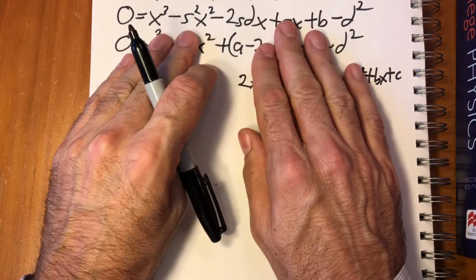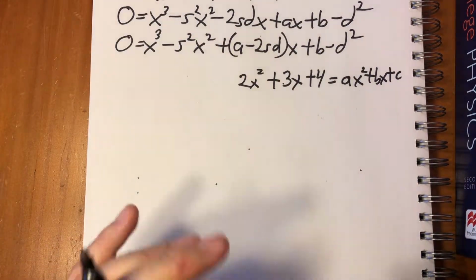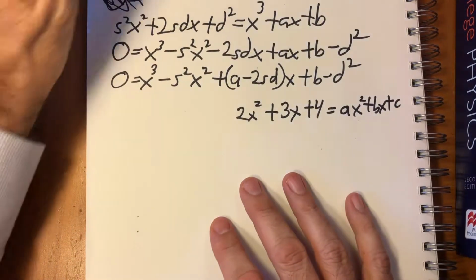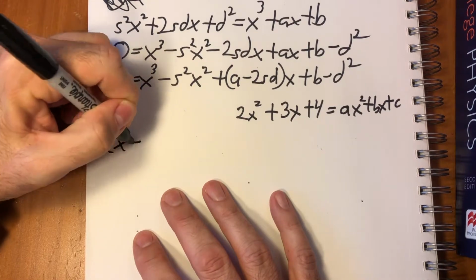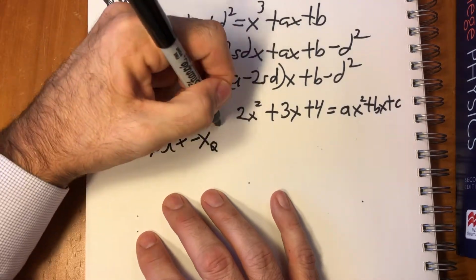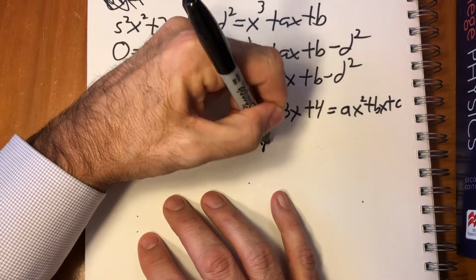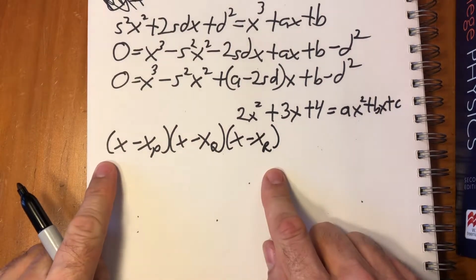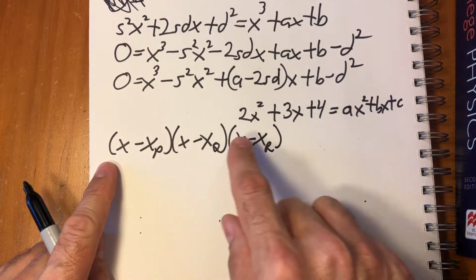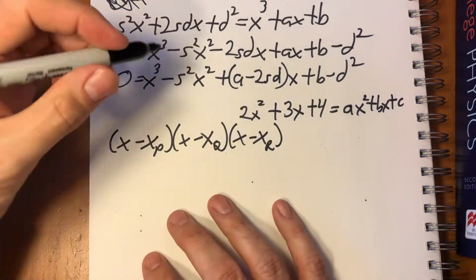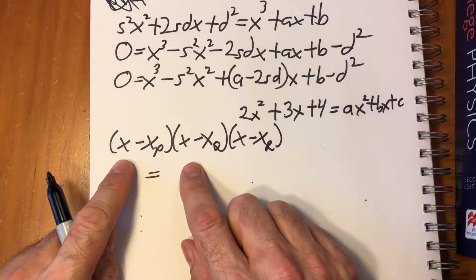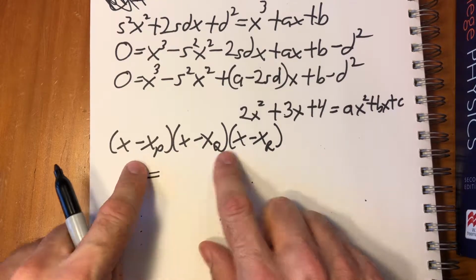So take a pause here. So there is a polynomial that has the following roots. Okay? There's a polynomial that has xp, xq, and xr as its roots. So if we multiply this out, let's see what that equals. First, let's just leave this one and multiply these two.